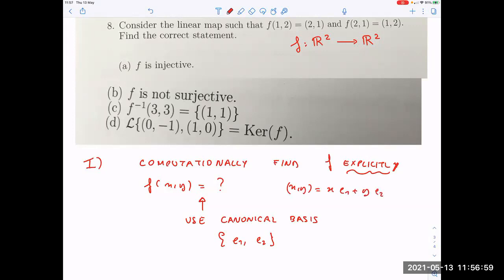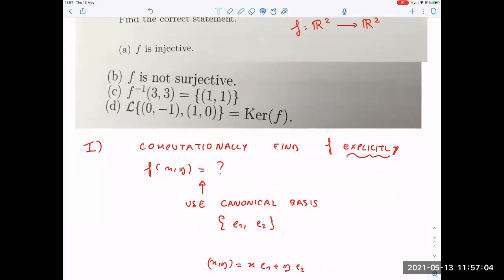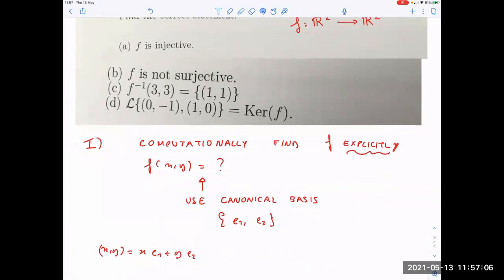So if I want to compute f of xy, so to find the formula, this is going to be x f of E1 plus y f of E2. So what I need to do is to compute f of E1 and f of E2. Just remember that these are 1, 0, and 0, 1.